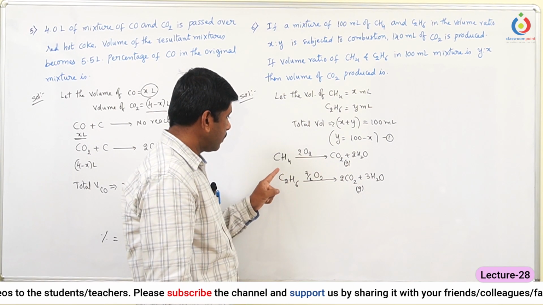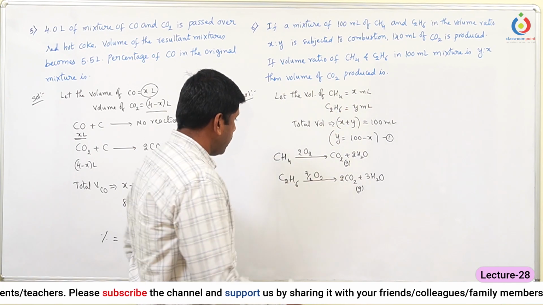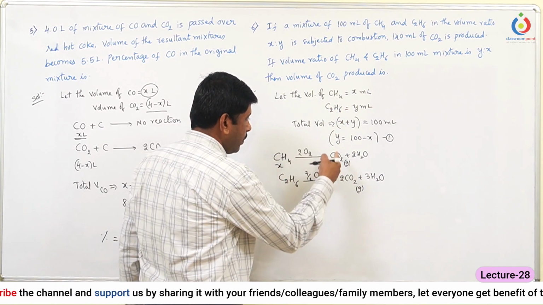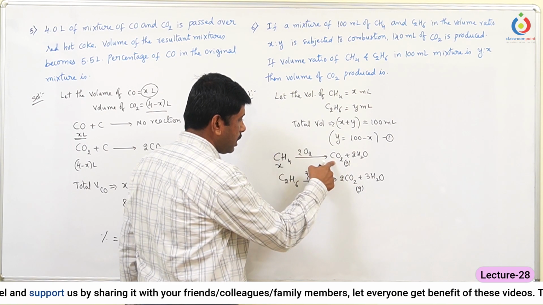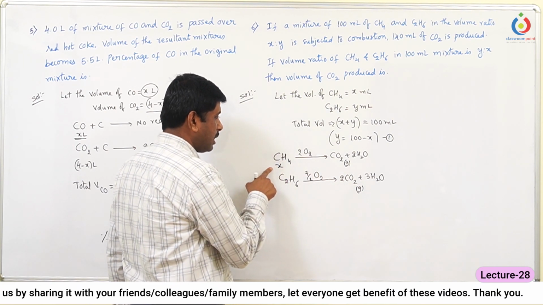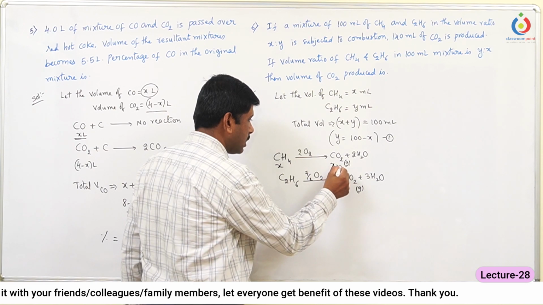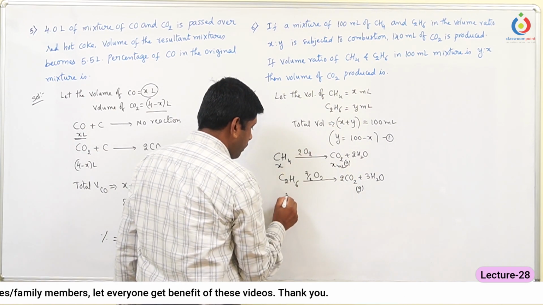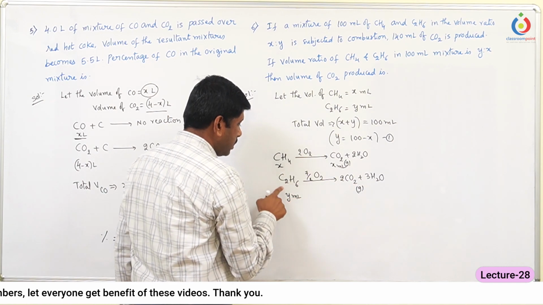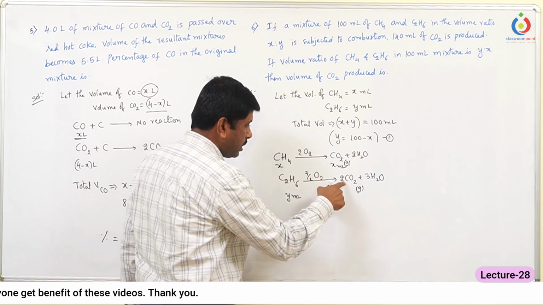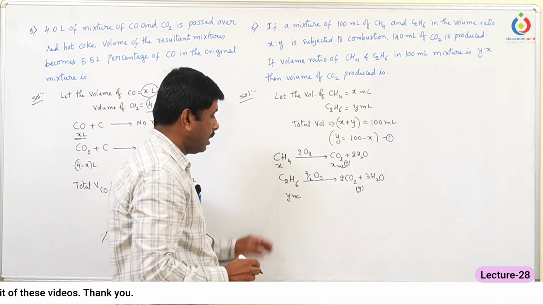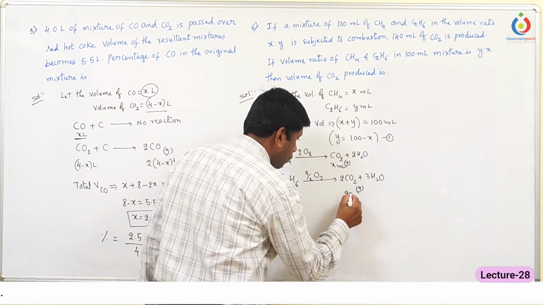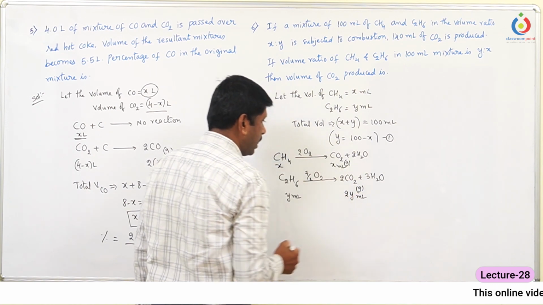Now here we said X ml of methane. 1 mole of methane produces 1 mole of carbon dioxide, so X ml of methane produces X ml of carbon dioxide. Here ethane is Y ml. 1 mole of ethane produces 2 moles of carbon dioxide, so Y ml of ethane can produce 2Y ml of carbon dioxide.